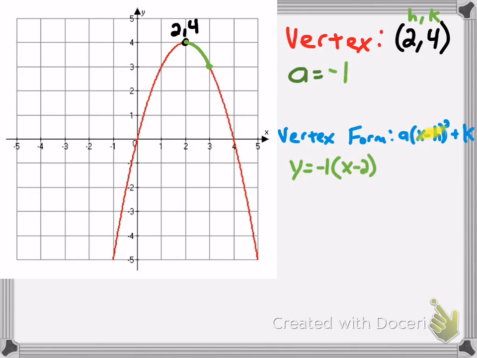So anything that is inside parentheses, change the signs. Now our k, though, that is outside parentheses, so we're just going to keep it a +4. And don't forget my squared. And that is your vertex form.